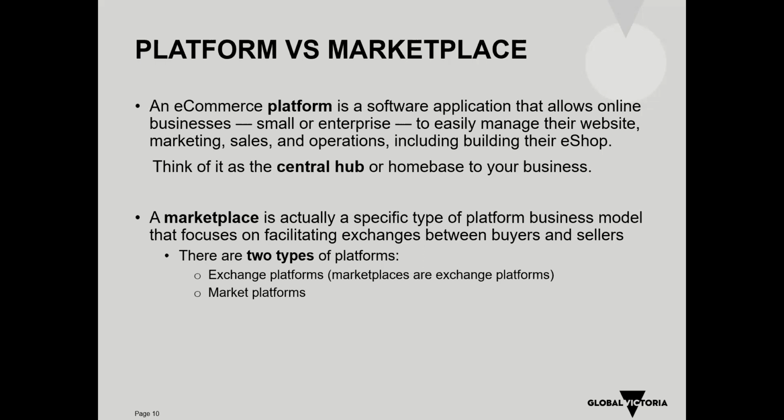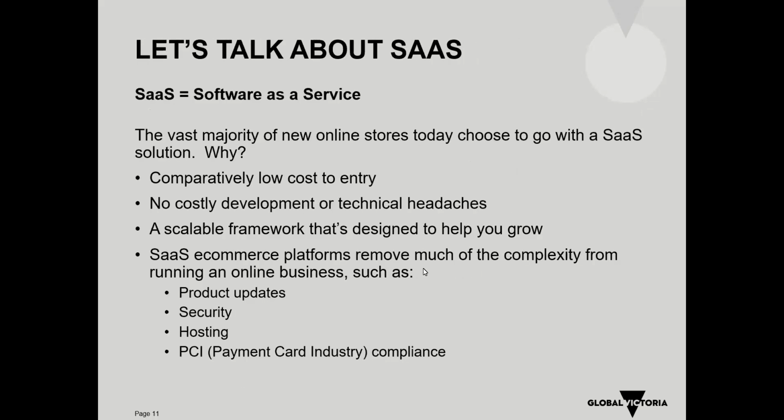Now, using the terminology platform in relation to a marketplace can be a little bit confusing, but essentially a marketplace is an environment very much like the physical marketplace of old, where you sell your wares. So platform is how you design the shop, indeed design the market, and then the platform extends into the marketplace where you sell. So today we're going to be talking about platforms.